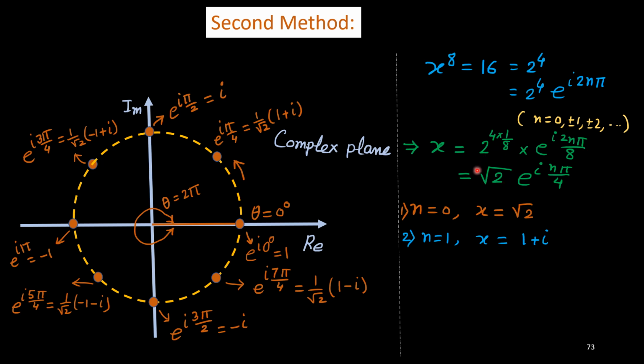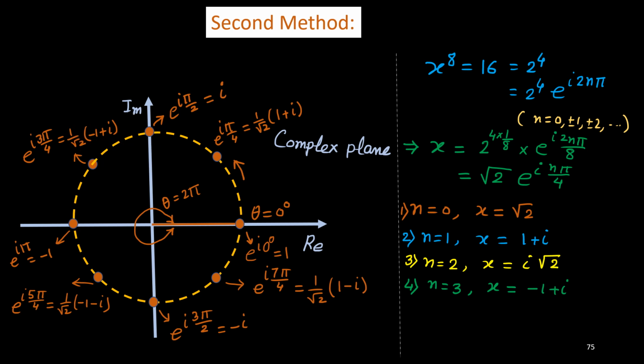So then square root 2 is multiplied, and this square root 2 will cancel. I'll get only 1 plus i. Right? Next, for n equal to 2, with this square root 2 multiplication. n equal to 3, with this square root 2 multiplied, that means minus 1 plus i.